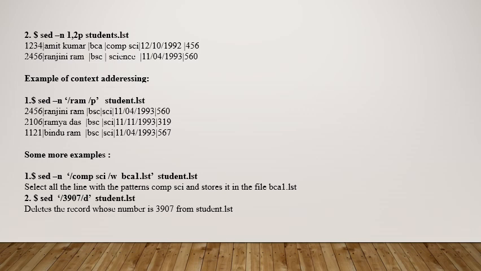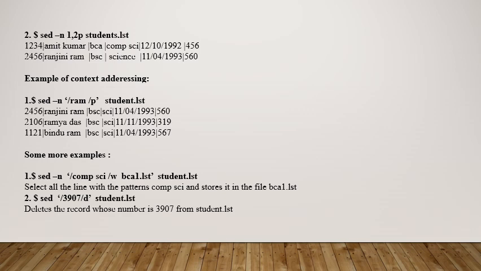You can see the output of two lines being displayed. The default behavior of the p command is suppressed with the -n option, and only the specified lines are printed: the first and the second lines. So this is the example.